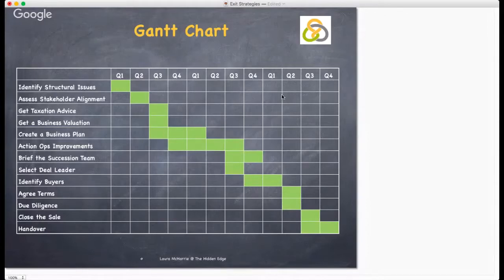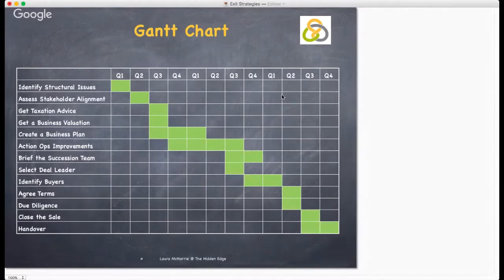For the purposes of this example, we're using an exit strategy. So down the left-hand side of the chart, we have all of the items that need to be considered over a period of time when we're looking at exiting our business.